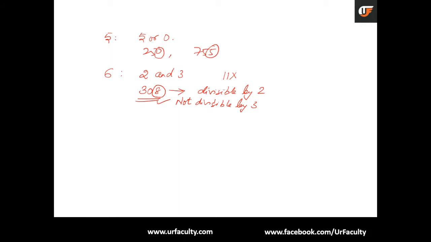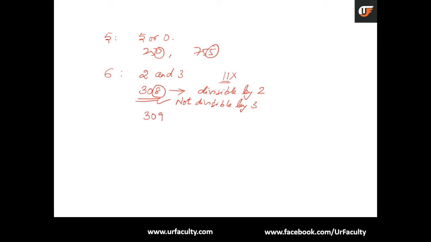Now, here is the funda. They generally ask this question: what needs to be added to this number to make it divisible by 6? Now you know that when we summed it up, we got 11, right? So what is the number required to make this divisible by 3? 309.